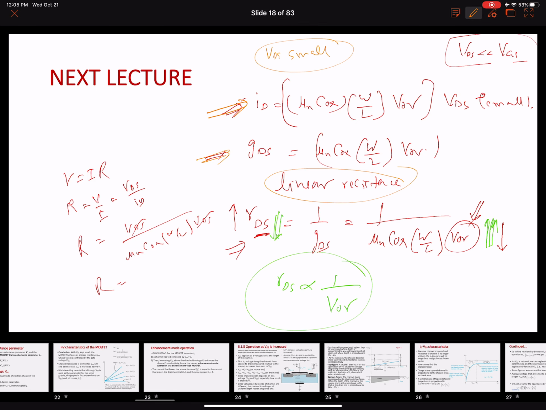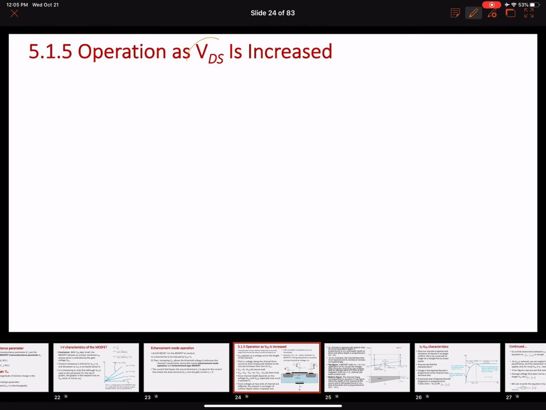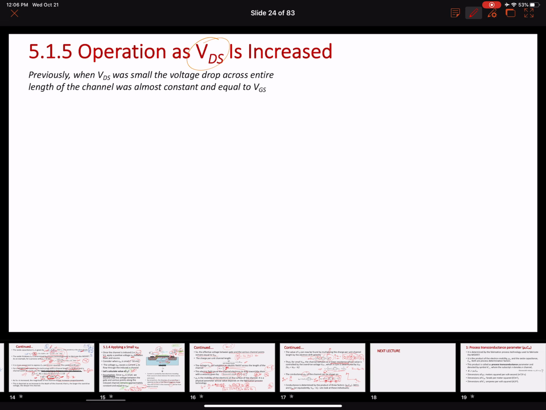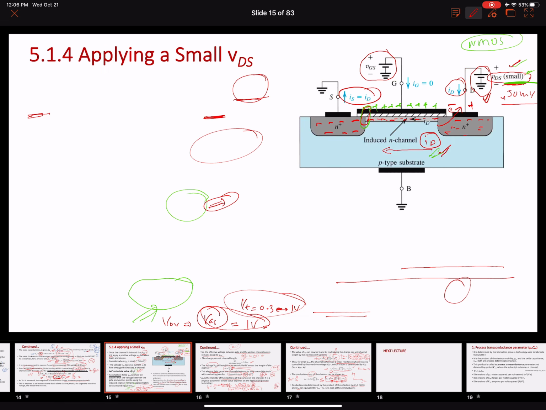What will happen when the VDS is increased? Another important thing that I have mentioned multiple times previously: when the VDS is small, the potential that appears across the channel will remain the same and equal to the gate to source voltage that is applied at the gate terminal, right?